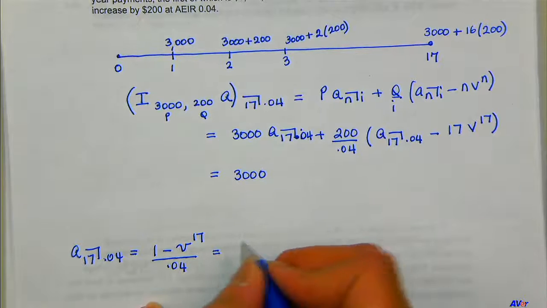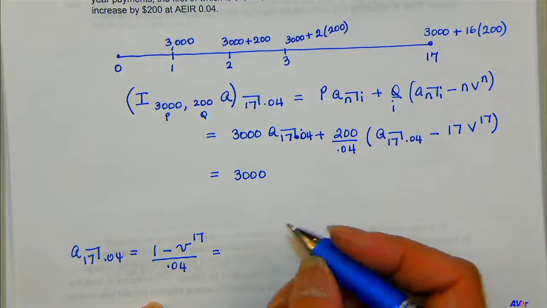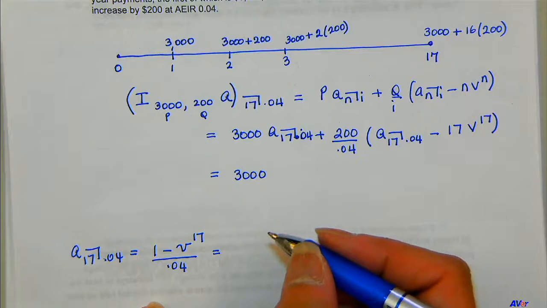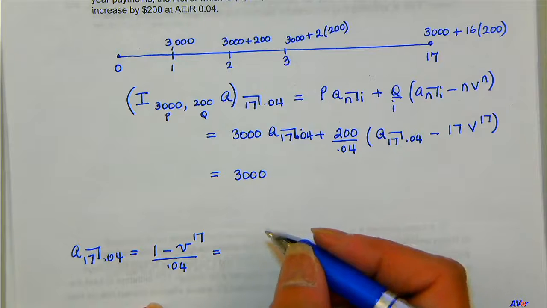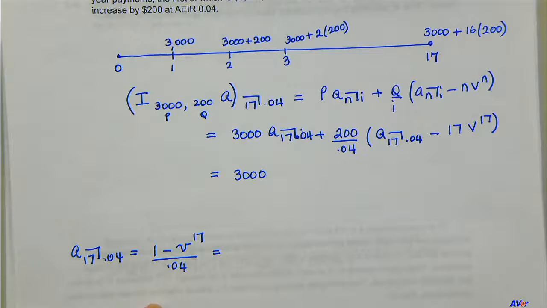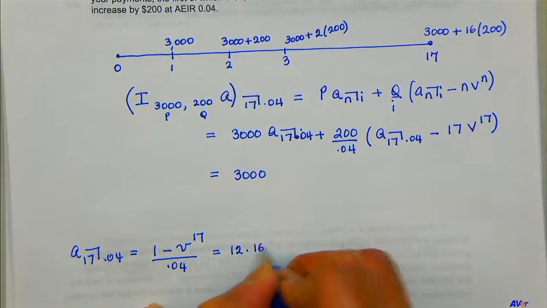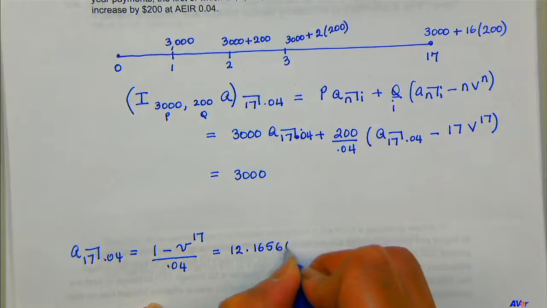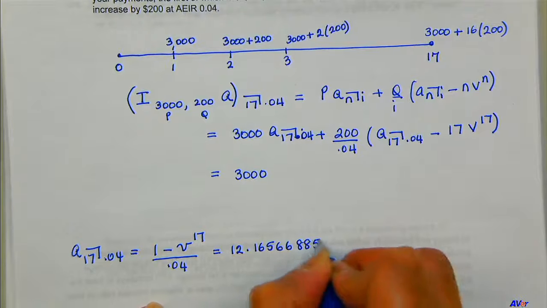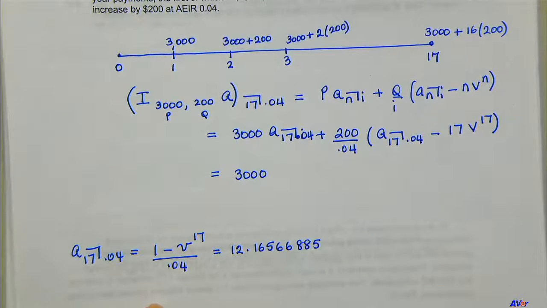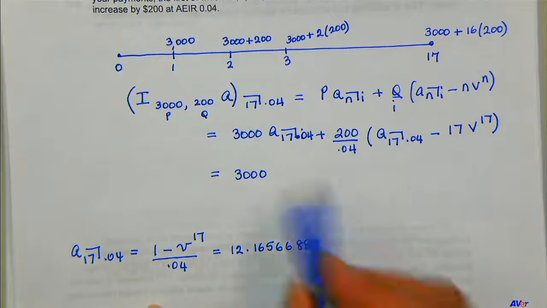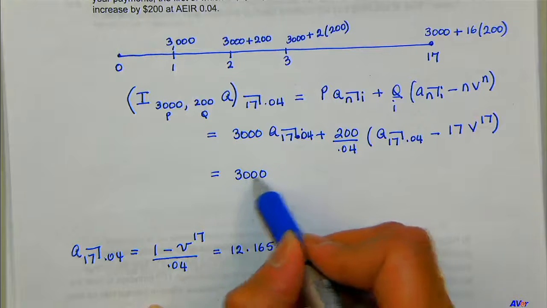What would it be? Can you get me a number? One minus v to the N over I. I got 12.16566885. Make sure you get that. And then go and plug this in here.